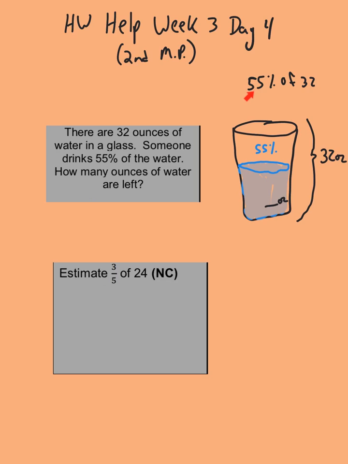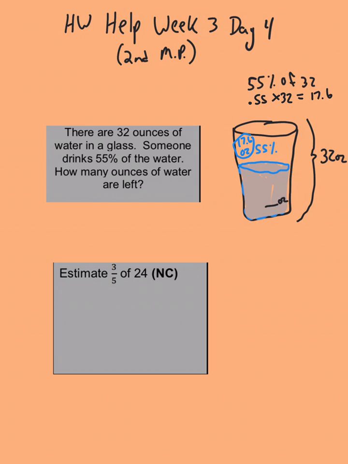So if you go ahead and type in 55% times 32, or if you don't have a percent button, remember just type in the decimal, 55 hundredths times 32. If you do that, you get 17.6. That means someone drank 55% of the water, and 55% of 32 is 17.6 ounces. But that is not the answer to our problem.